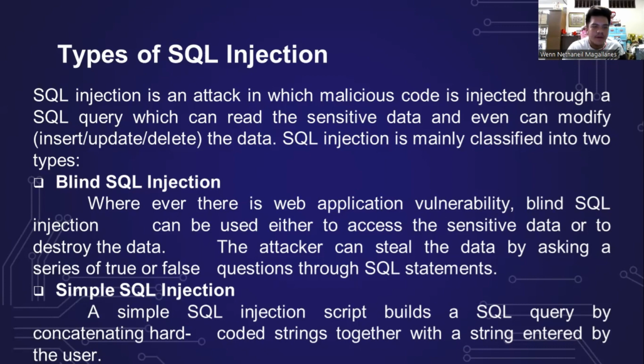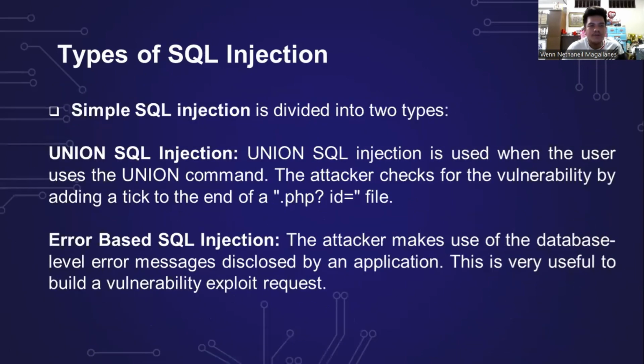So you will be attacked by an SQL injection if you encounter some true or false series. Simple SQL injection: a simple SQL injection script builds a SQL query by concatenating hard-coded strings together with a string entered by the user.